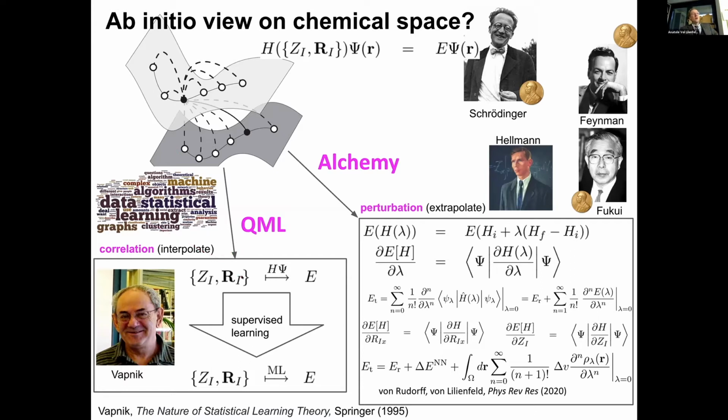So this would be supervised learning, right? We have inputs. Our Hamiltonian is defined by the external potential, which is given by the nuclear charges and their coordinates. And this will produce some solution and some eigenvalue if you solve Schrödinger's equation. So this is the label, and this is the input.